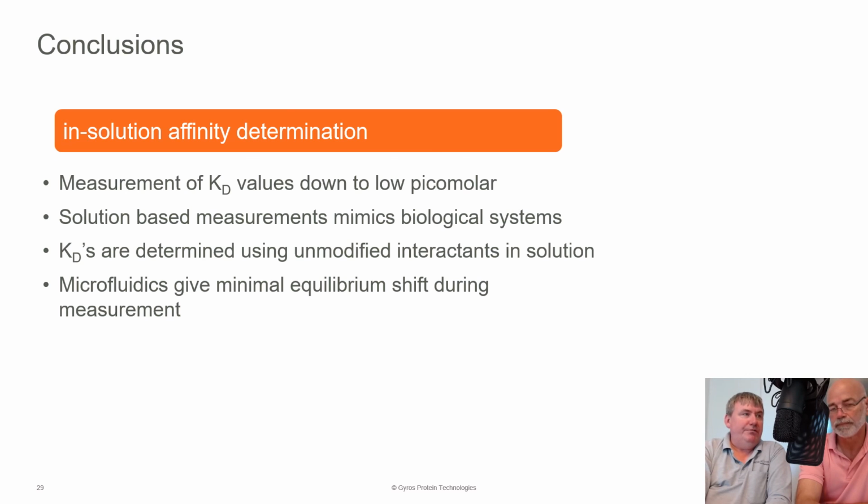You can do your incubations offline, so you're not occupying the system while you're doing your KD calculations. You're not modifying interactants, so you get a good indication of the proper biological activity, and the microfluidics will minimize equilibrium shift, which can be very important during the measurement.